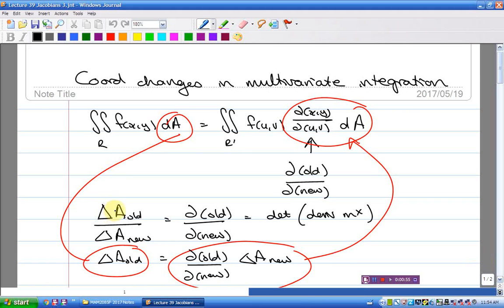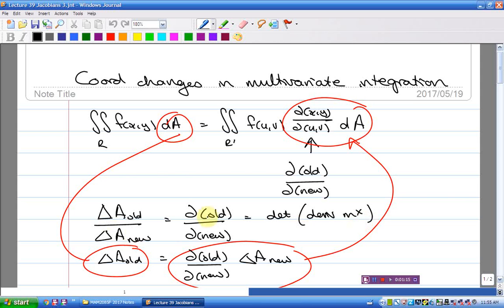You end up with your old area divided by your new area being equal to the determinant of the matrix that represents the transformation, which is always your derivative matrix. For a linear transformation, your derivative matrix is just numbers. Of course, it isn't for nonlinear transformations.